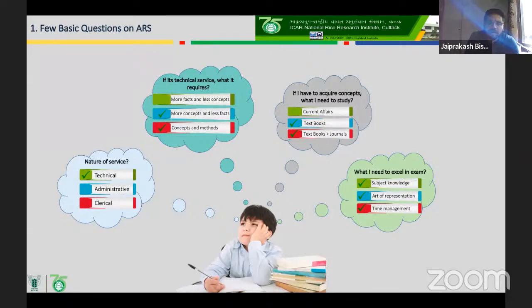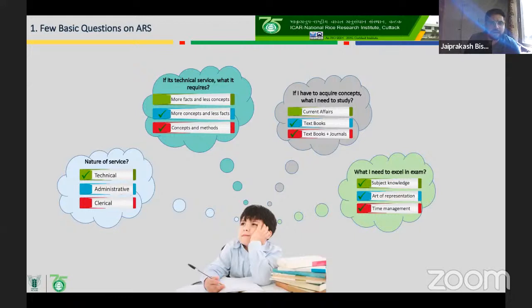But in all the stages of your services, you will be tested. Your technical knowledge will be tested throughout your service. So be thorough with the technicalities if you really want to come into ARS services.